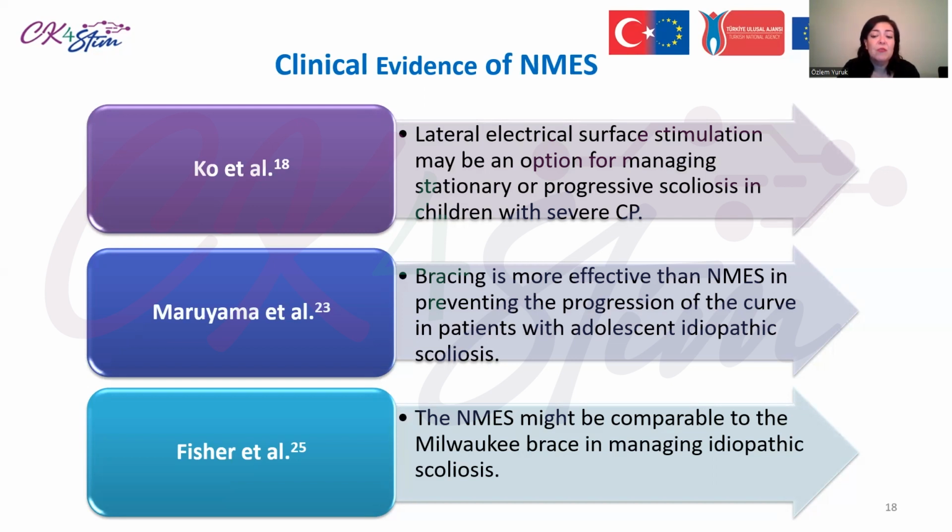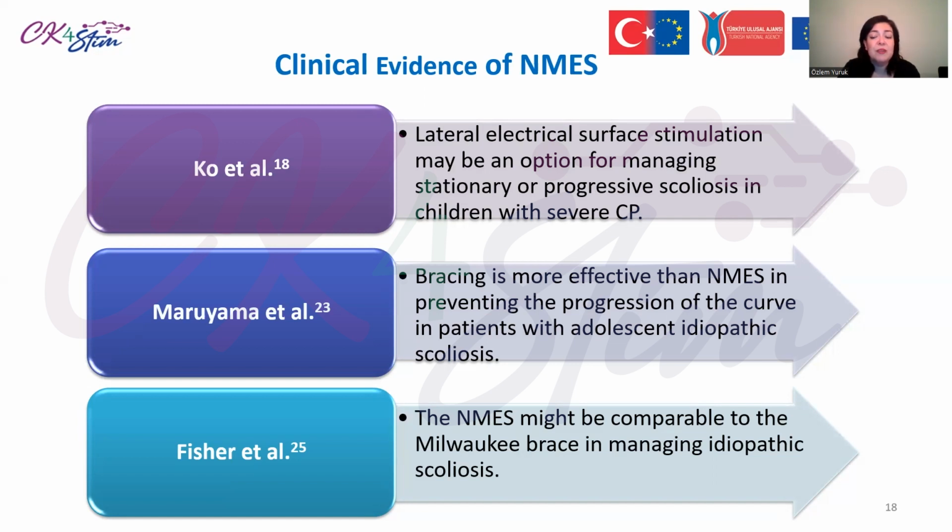And Fisher et al. compared 3-year results of electrical stimulation with the Milwaukee brace for the treatment of idiopathic scoliosis. Fifty patients in each group were compared retrospectively and matched for age, sex, risser sign, and curve morphology.